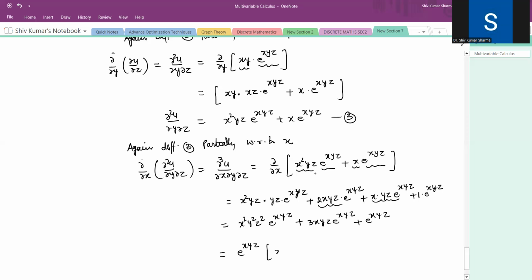This we can write as e raised to the power xyz into x square y square z square plus 3xyz plus 1. So this is the value of ∂³u/∂x∂y∂z. This is our answer. Hope you understand this topic.